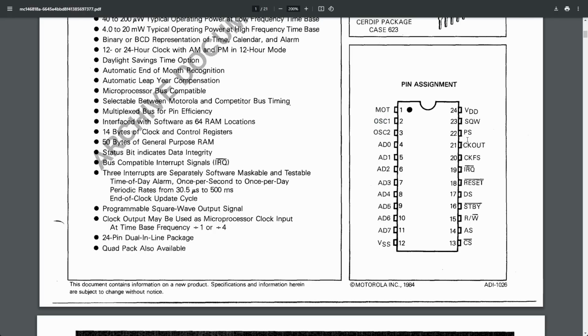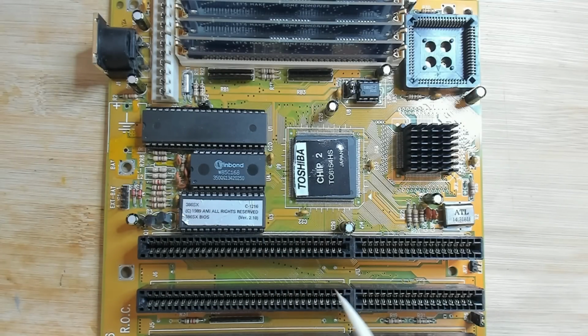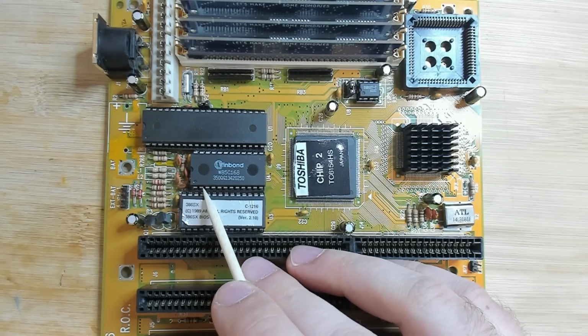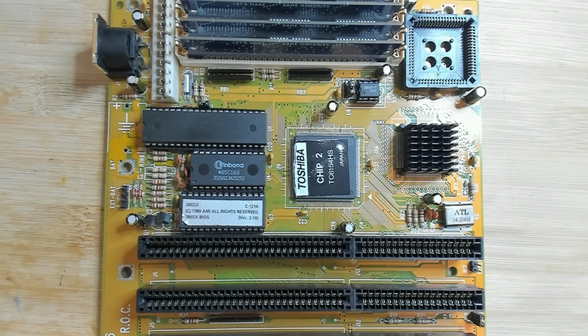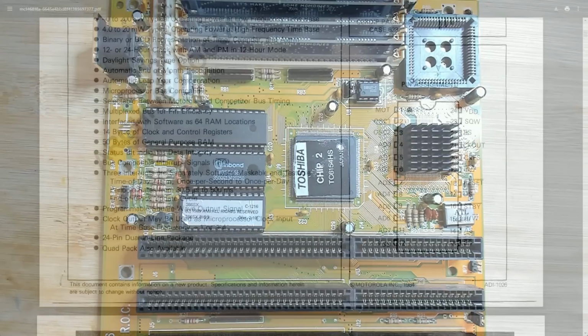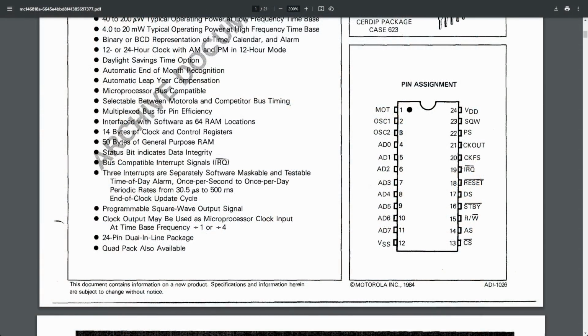And then we have other pins here that are not really important to us right now. I think the 2 pins that are important are OSC1 and OSC2, so pin 2 and 3. On our chip, this would be pin number 2 and pin number 3, these 2 here on the bottom.